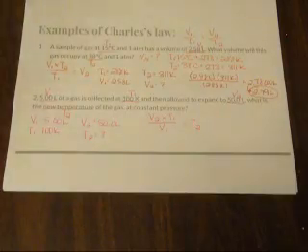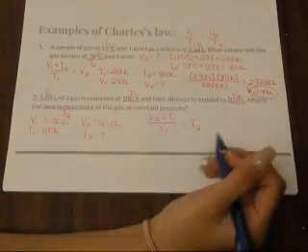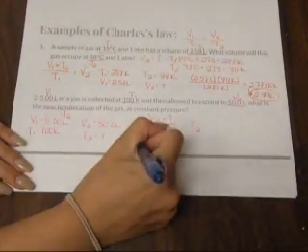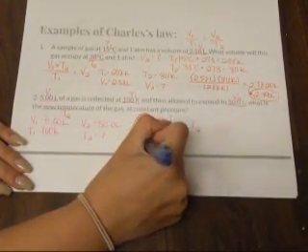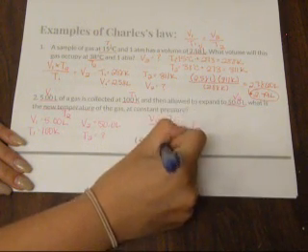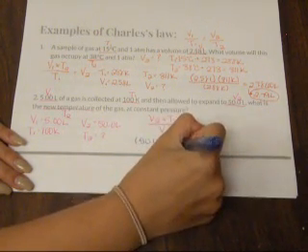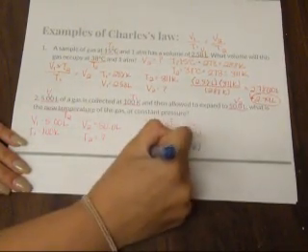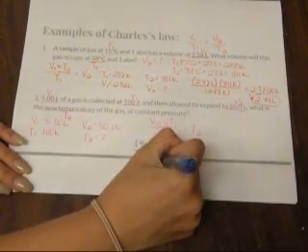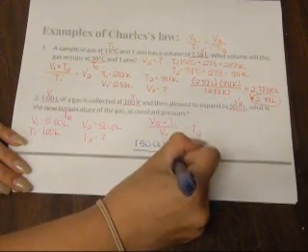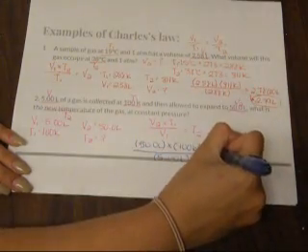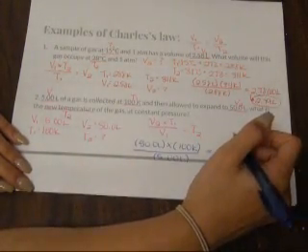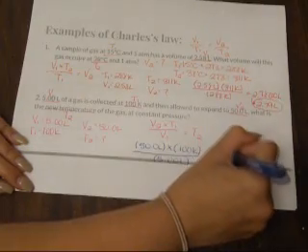So, let's plug our values in to find T2 now. So, V2 is 50 liters times T1, which is 100 K, all over V1, which is 5.00 liters. And that, when plugged into a calculator, all equals 1,000 K.